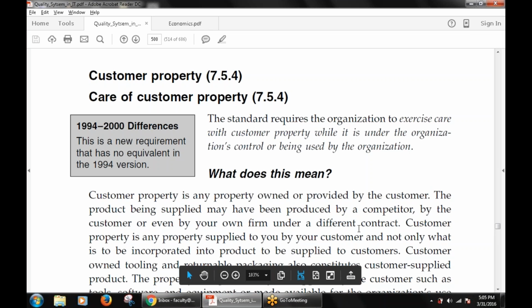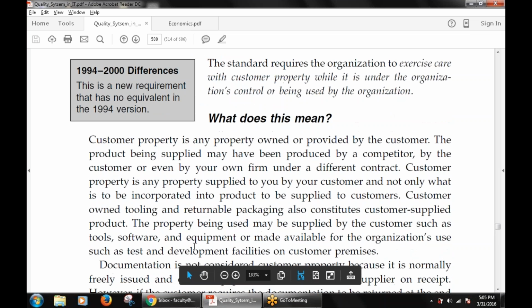Customer property is any property that is supplied to you by your customer, and it may be incorporated into the product to be supplied to the customer. Customer-owned tooling and returnable packaging also constitute customer-supplied product.